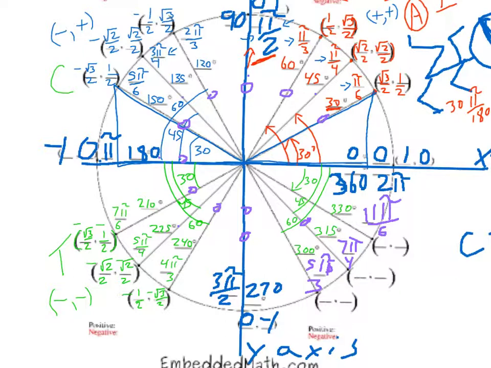Now I want to show you something here. If you look at the angles that are 30 degrees from the center, those are all the same values.